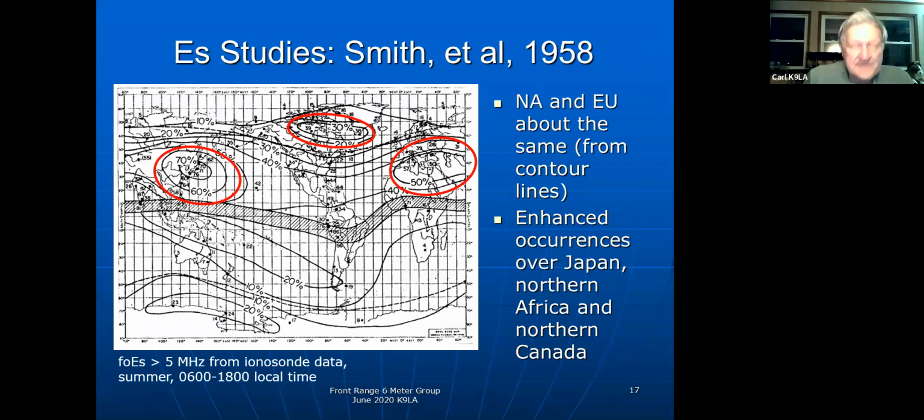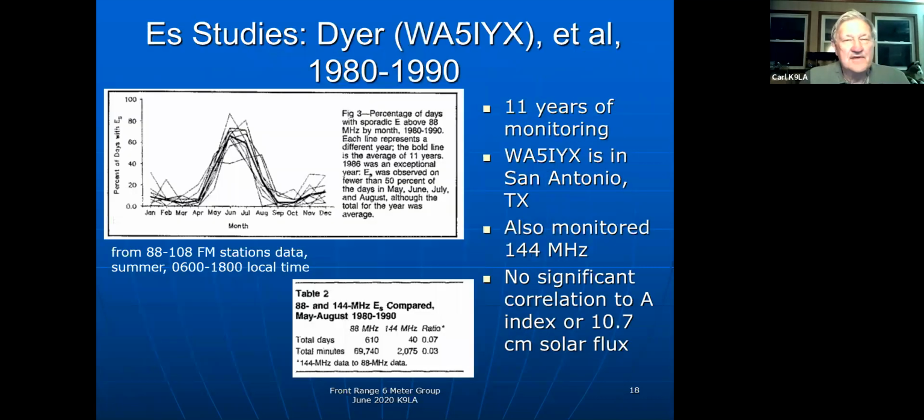So let's move it up a couple of years. Probably you remember Patrick Dyer, WA5IYX, and he listened to FM stations, 88 to 108, from 1980 to 1990, 11 years. And there's his data for the summer from 0600 to 1800 local time.